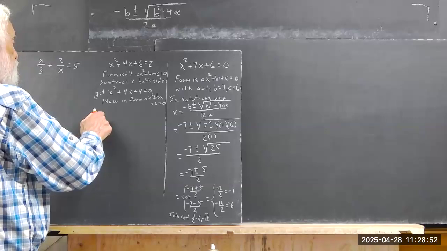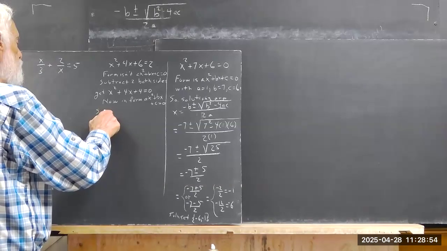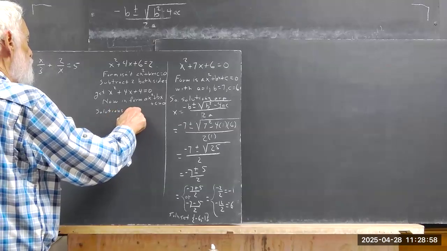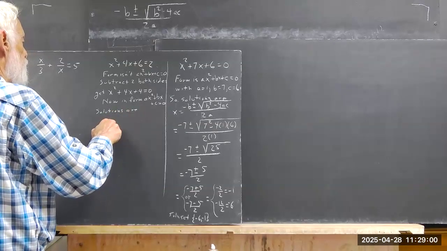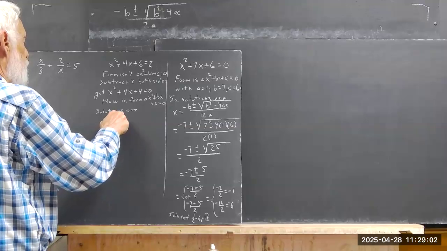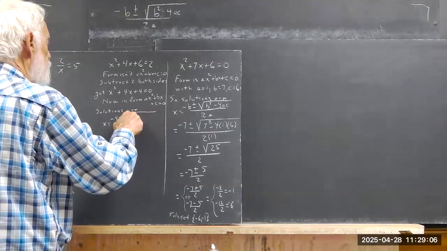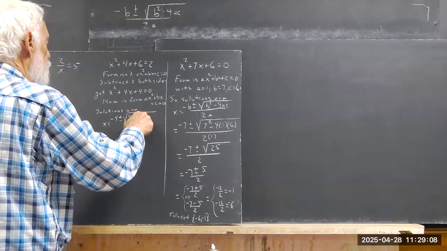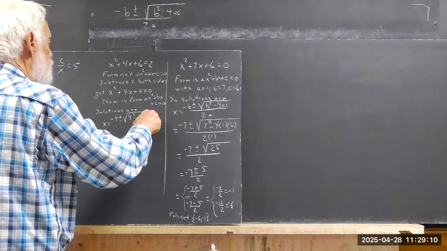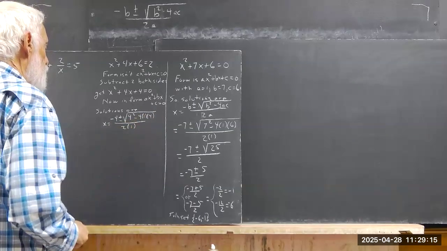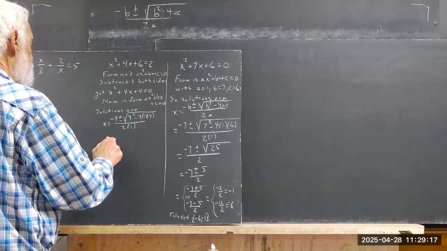So, well, solutions then are x equals -4 plus or minus the square root of 4 squared minus 4 times 1 times 4, over 2 times 1.